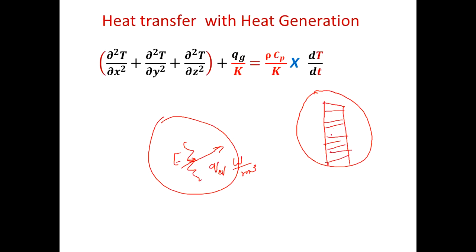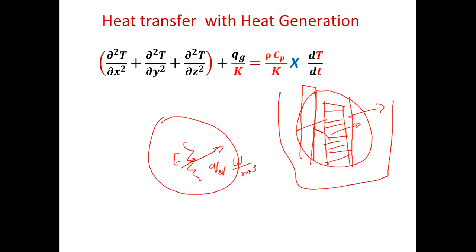Here heat is continuously generated, and around it you have the shield to transfer the heat energy to the boiling water. That will be taken as heat energy generated in watts per cubic meter. Therefore, if you write Qg, then you write here Qg by K.